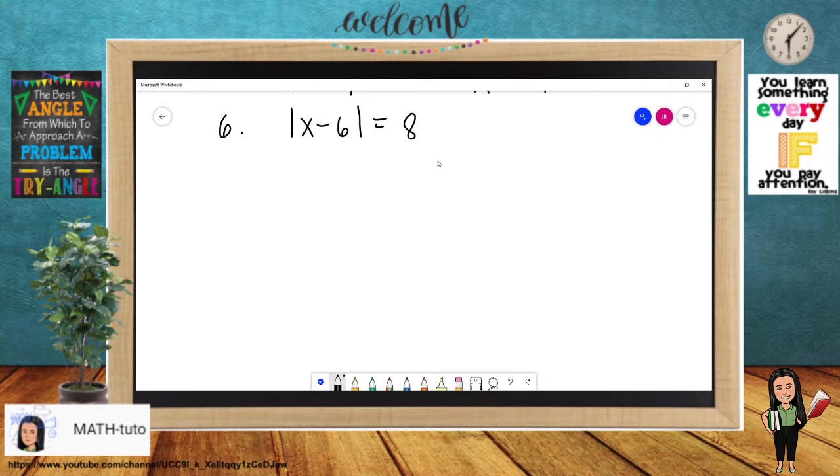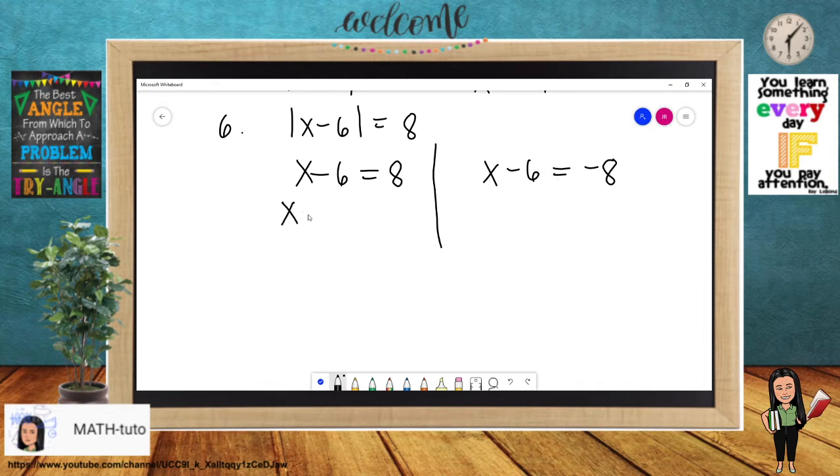Which means that our two solutions will be x minus 6 equal to positive 8 or x minus 6 is equal to negative 8. Okay? Because remember, if we remove the absolute value here, this can mean that x or the answer is positive or it can be negative. Okay? We now solve for each of the two given equations.